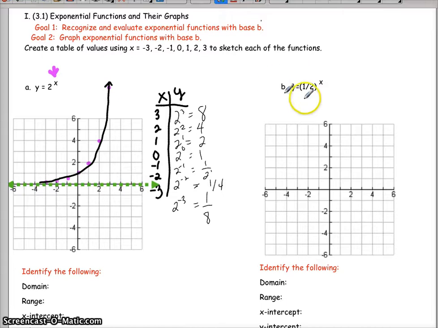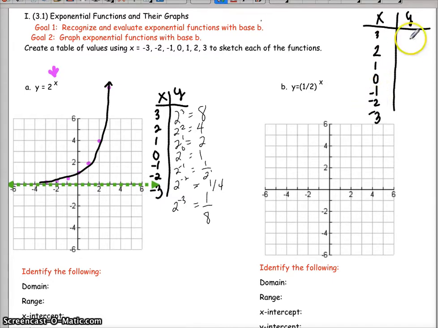Let's do the same process with example B. We will also use the same table with our x coordinates. So go ahead and set up your table. So we've got 3, 2, 1, 0, -1, -2, and -3.